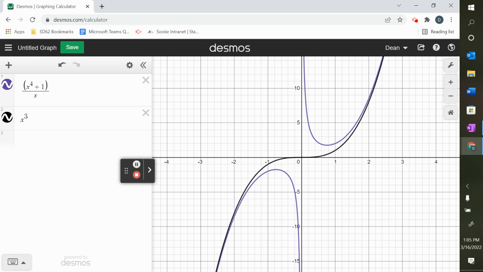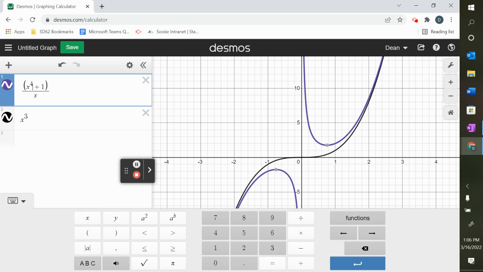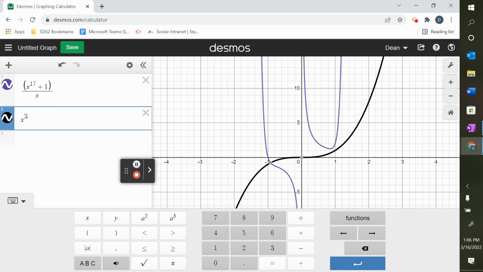So it doesn't matter what the degree difference is. What if I change this to 17? Okay, that's interesting. So what should I put in the bottom one? 16. There you go. They line up.